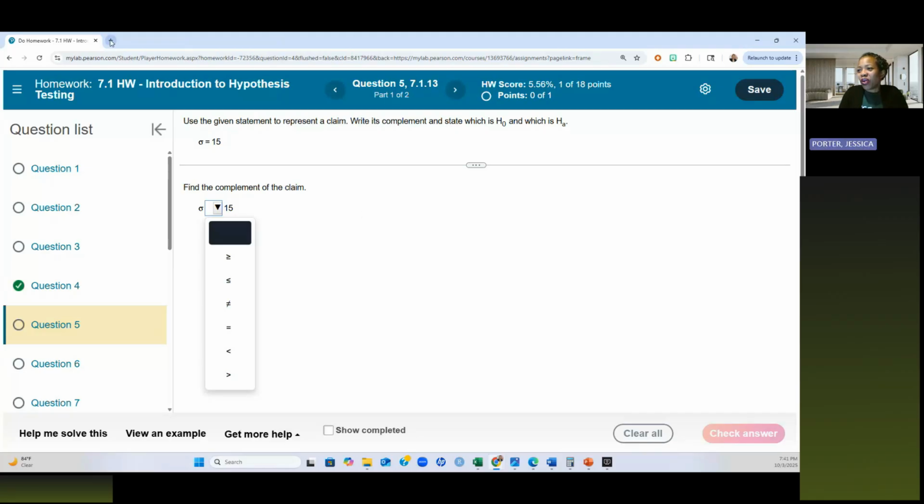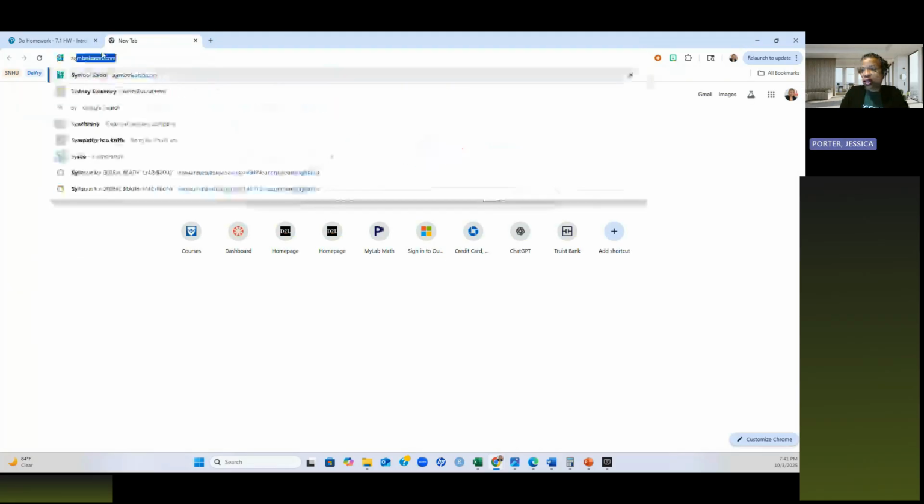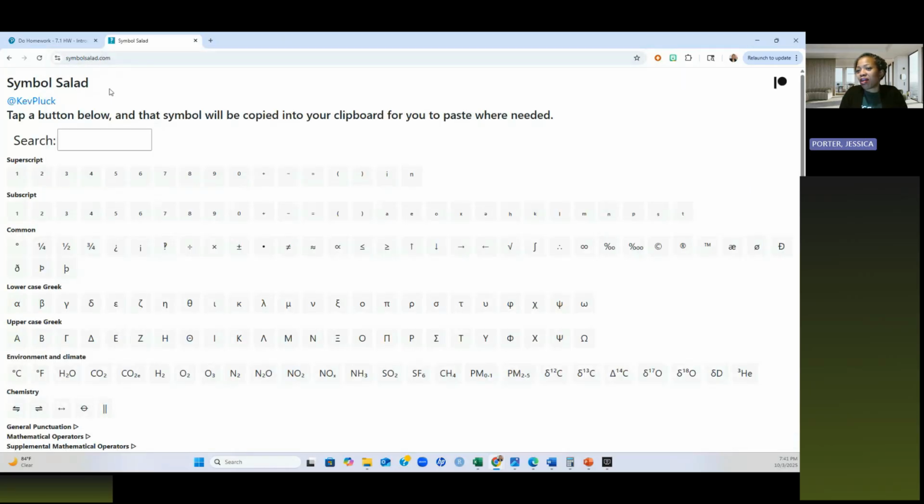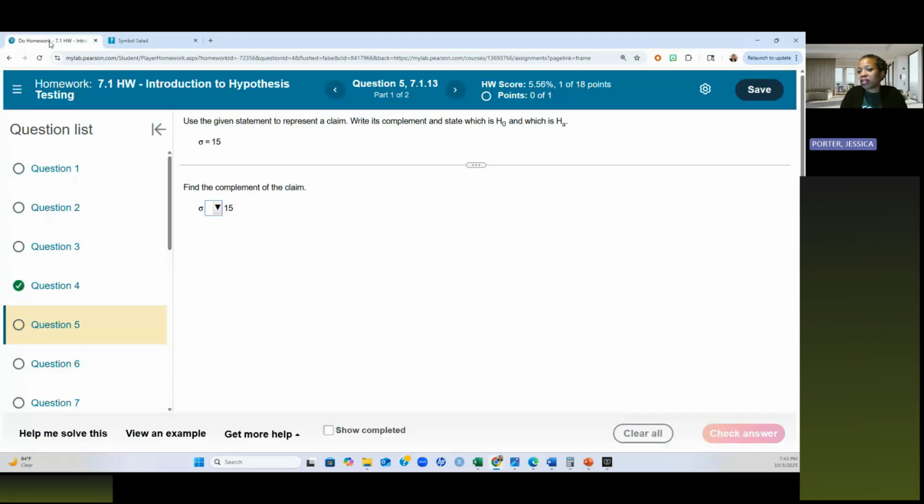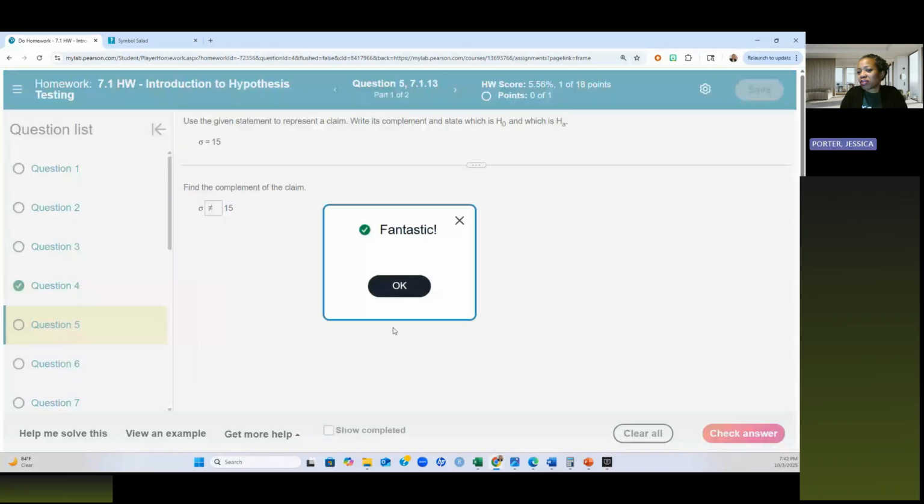By the way, if you ever need symbols, you could go to symbolsalad.com and they have all these symbols here, like the not equal to. I could actually type this and put it in the chat and you would have a not equal to symbol if you wanted one. So not equal. So here you go. Check the answer.